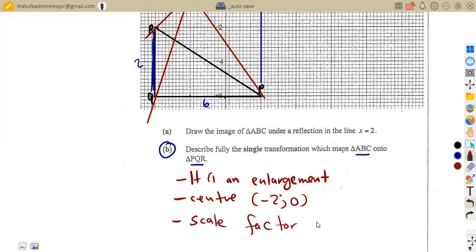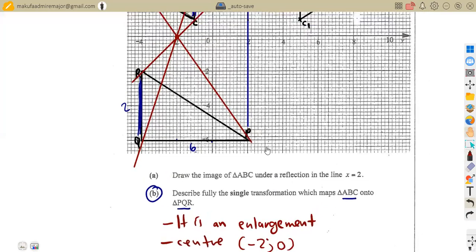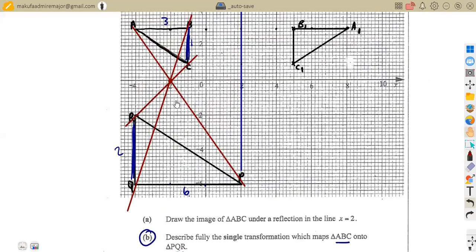I explained in the transformation that the scale factor was supposed to be the distance from the center to the image over the distance from the center to the object. But I said also, you can use corresponding sides, the ones that we're using here, to say this side is 6 units, this side is 3 units. But we have to check, from A to B we are going to the positive. From P to Q we are going to the negative.